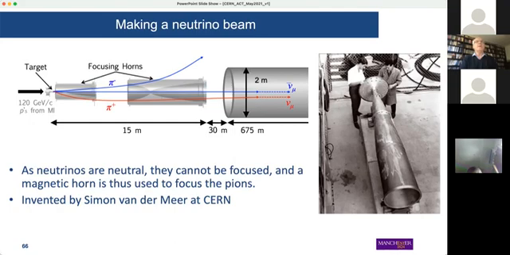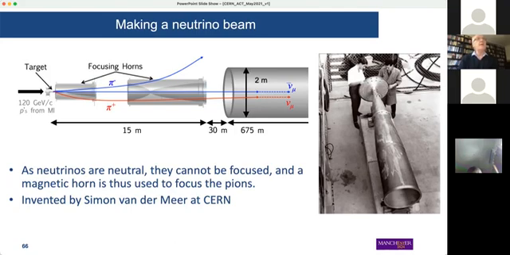These charged pions decay into muons and muon neutrinos, and the neutrinos from this decay we then use as the source of our beam.